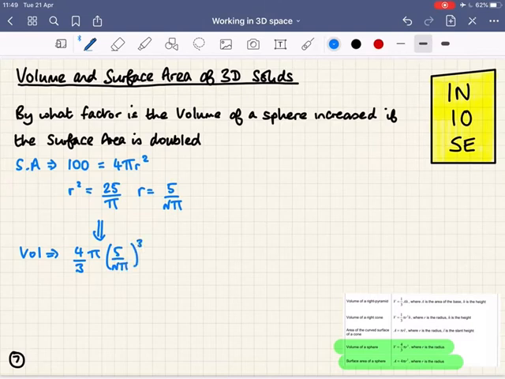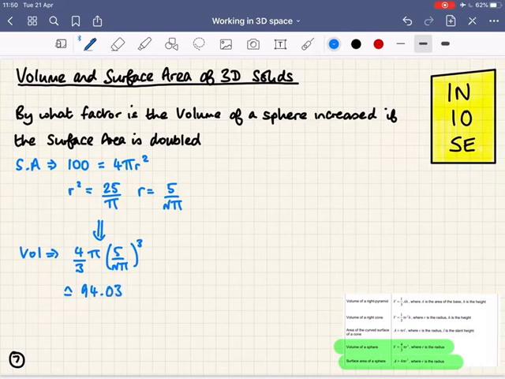There's my formula, 4 over 3 pi r cubed. I'll leave it like that just now, because leaving it in terms of pi gives me an opportunity to simplify later. But just for the note, that's approximately equal to 94.03.